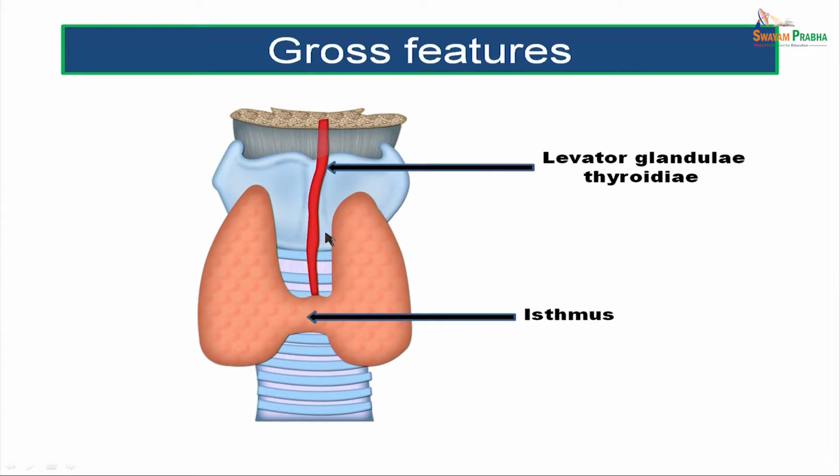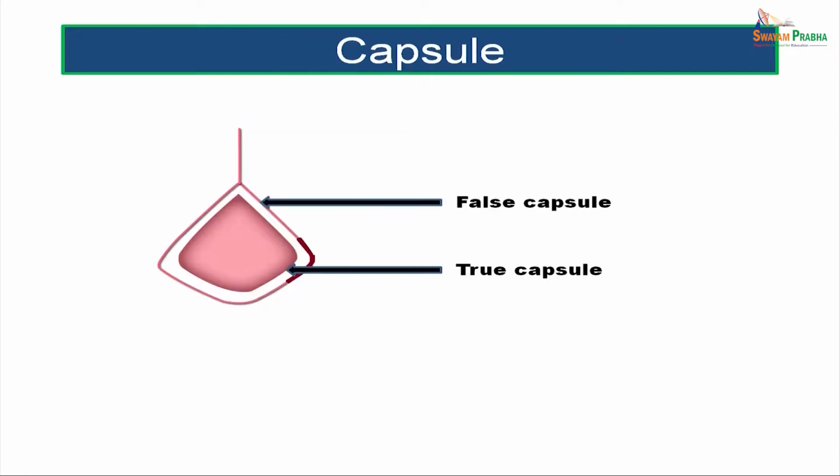This is a fibrous band connecting the upper end of the isthmus to the hyoid bone, which is present at the junction of the floor of the mouth and the anterior surface of the neck. Let us look at the coverings of the thyroid gland.